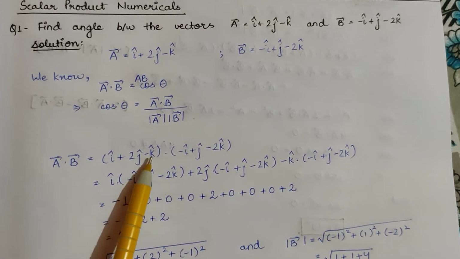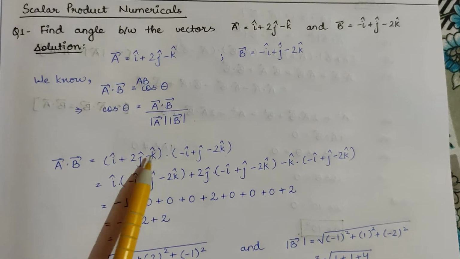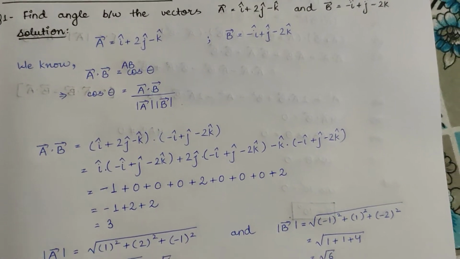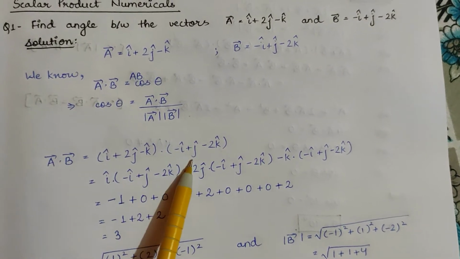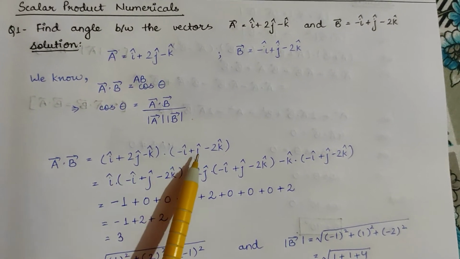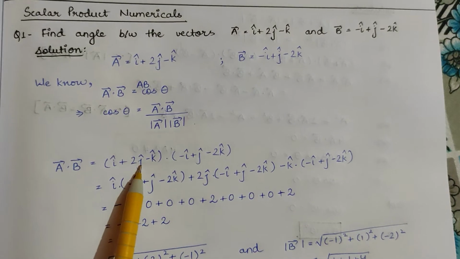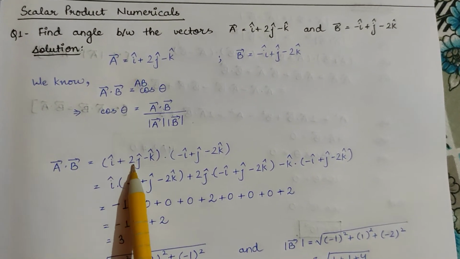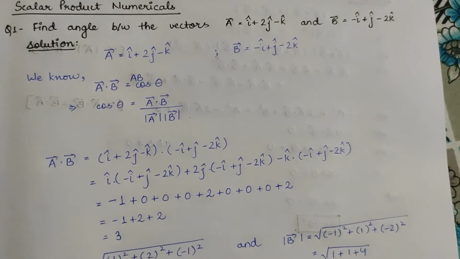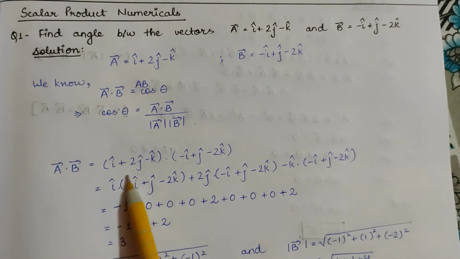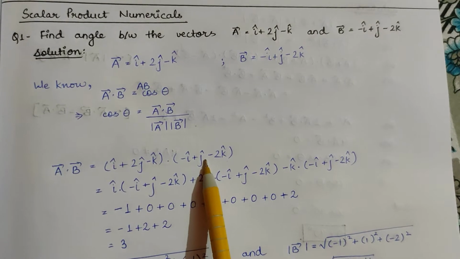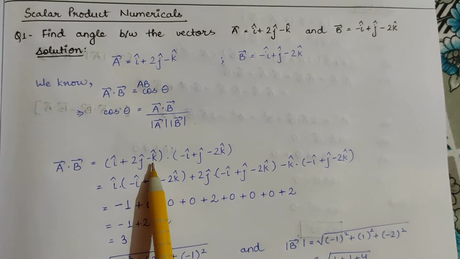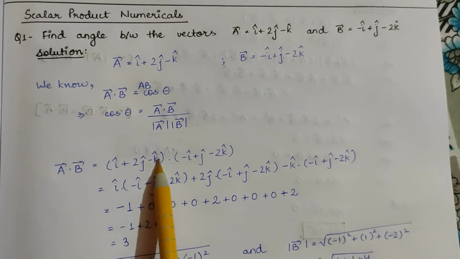Now we consider 2j cap. 2j cap dot minus i cap are different unit vectors, so it gives 0. But 2j cap dot j cap, remember, j cap dot j cap gives 1, and we are left with 2, so we get the value 2. 2j cap dot minus 2k cap again gives 0. Now consider minus k cap.